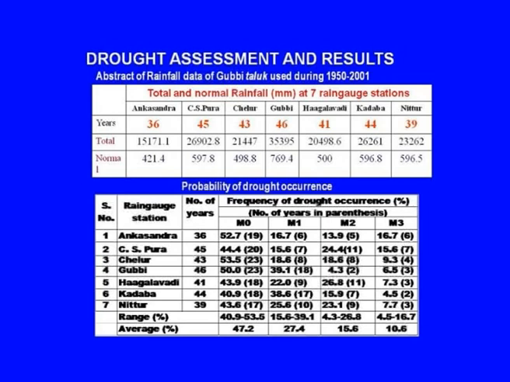So, 36 years of data is available, and based on that the normal or the LTA value has been computed, and based on this the probability of drought occurrence under each rainfall station has been computed.